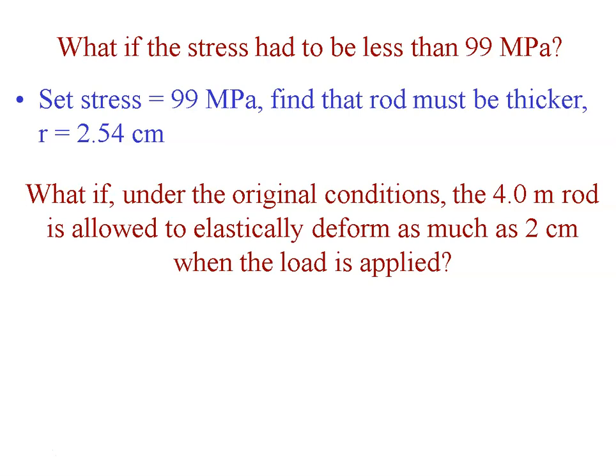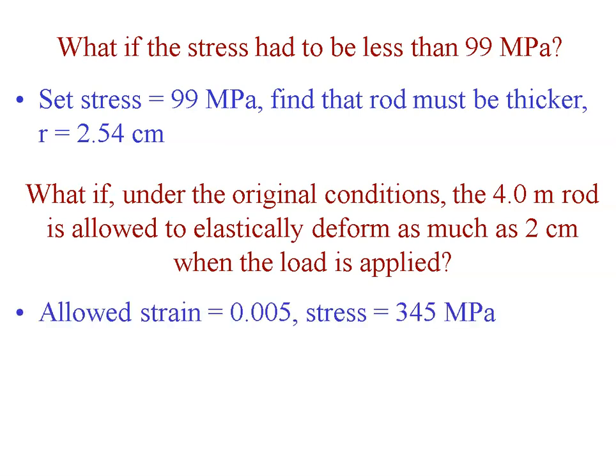On the other hand, suppose we had a really loosey-goosey engineer who's going to allow the 4-meter rod to stretch as much as 2 centimeters elastically when the load is applied. In that case, the strain is 0.005. That's just 2 centimeters divided by 4 meters. And we find that there's a corresponding stress of 345 megapascals there.